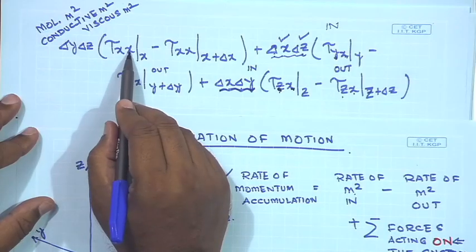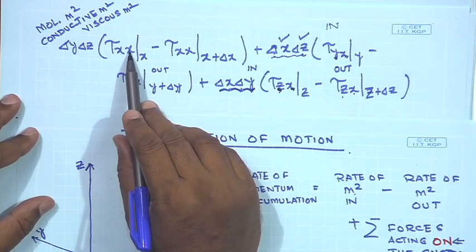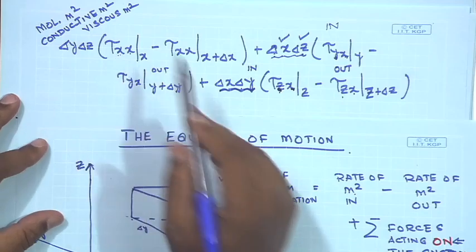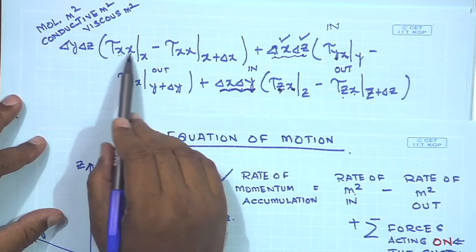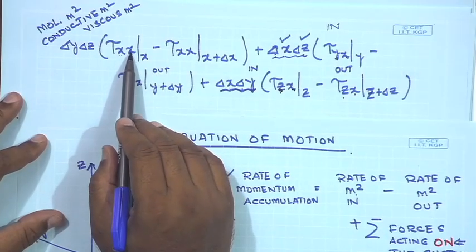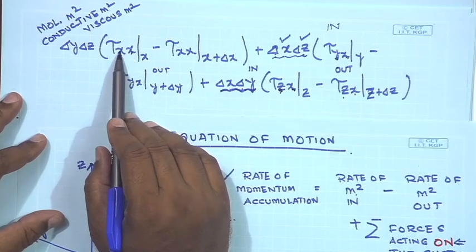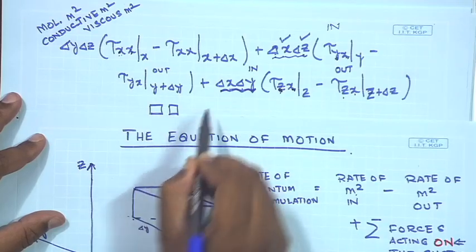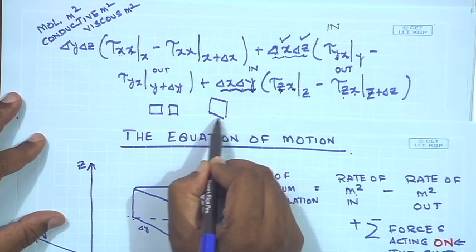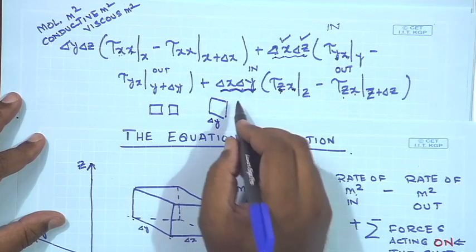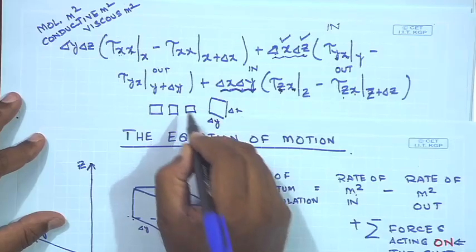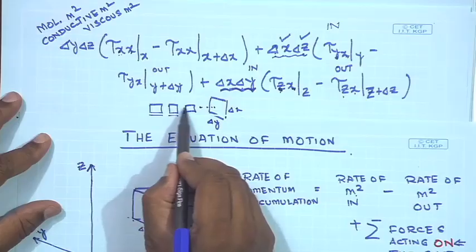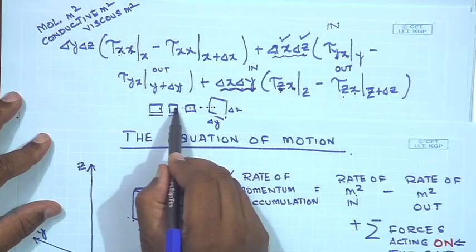So, what is tau xx? Tau xx is the x component of momentum getting transported in the x direction. This is slightly unusual, because the x component gets transported in the x direction. That only happens when, let us say, these are the packets of fluid and this is the x phase, which is delta y times delta z, and so these packets are coming towards this point, and there is a variation in velocity between these 3 packets.